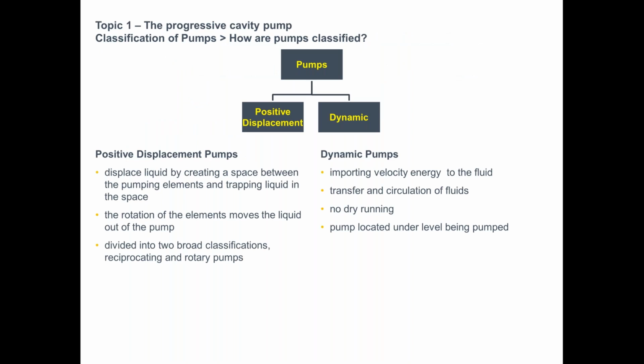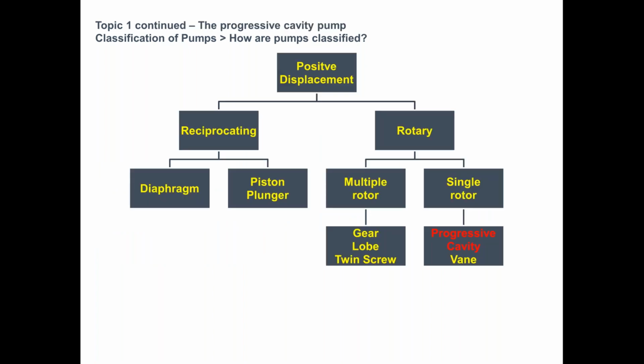Now, if we look at the pump market as a whole, there's 2 distinct types of pumps. You have dynamic or centrifugal pumps, which impart velocity to the fluid. Most of these pumps are located under a level being pumped. And then you have positive displacement pumps. Now, these pumps, it's due to the rotation of the elements that the liquid is moved out of the pump. And we can divide that into 2 main categories.